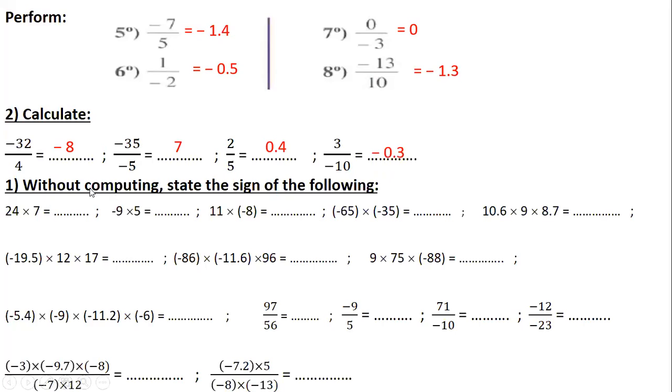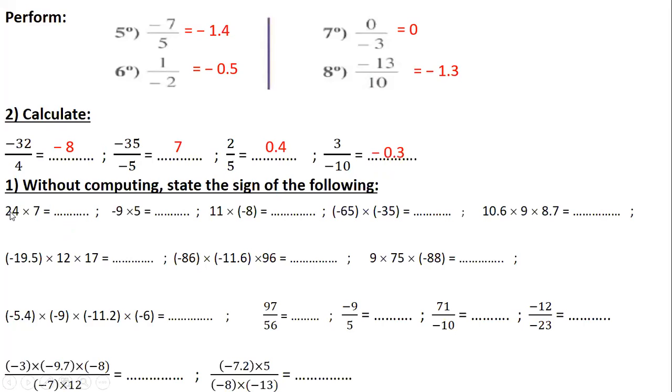Without computing. Who can tell me what do I mean by without computing? Calculating. We should not get the answer of the numbers. We only need the sign of the answer. Okay, guys? Okay.